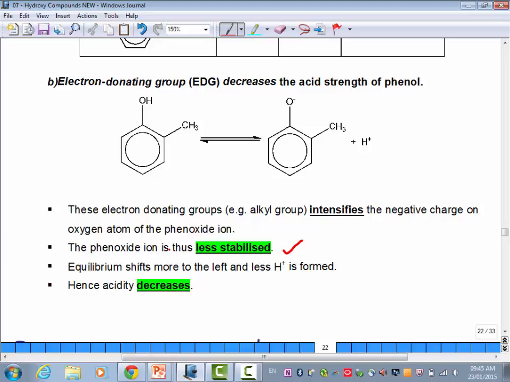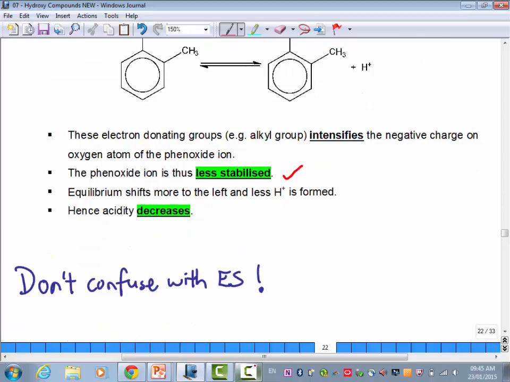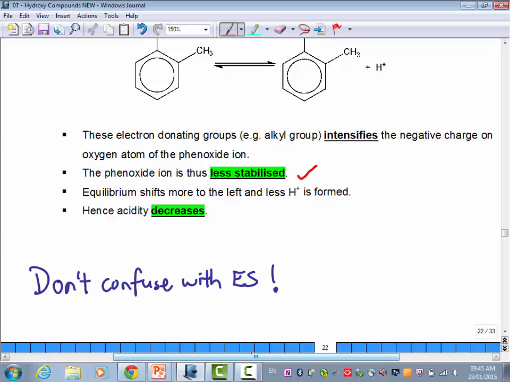Any difficulty with understanding these two parts? The thing here is very important. Don't confuse it with what you have learned under arenes, the part on electrophilic substitution. In electrophilic substitution, when you have an electron donating group, the rate of electrophilic substitution will increase, because the electron donating group increases the electron density of the benzene ring, making it more susceptible towards electrophilic substitution.